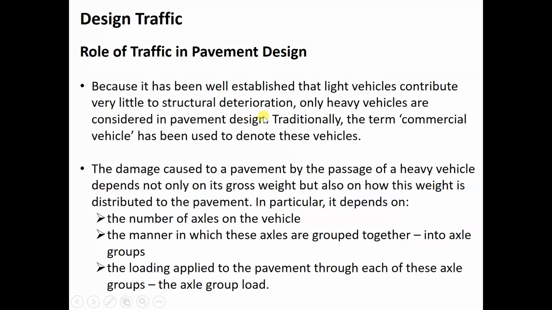So the equivalent standard axle could be like 20 million ESA, but we need to change it to what it is equivalent to in the asphalt, what it is equivalent to in the cemented materials, and what it is equivalent to in the allowable standard axle repetition in the subgrade. So that's what we need to match.